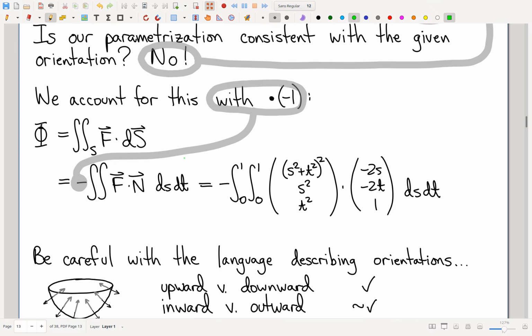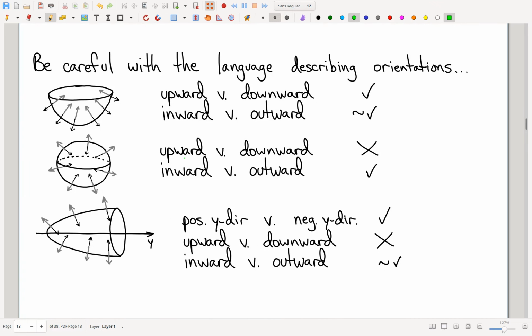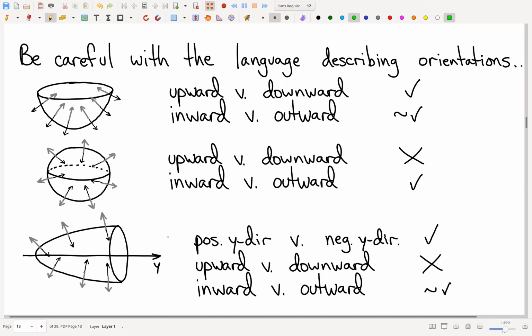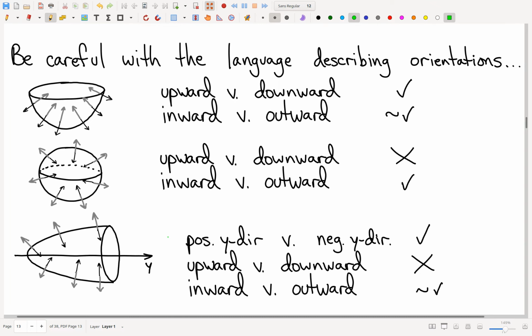Okay, so let's talk about language a little bit. There is something intrinsically awkward about talking about this kind of thing. Let's suppose we're thinking about this surface right here, for example, a paraboloid, kind of like the one we were just talking about, and I described the orientation as being downward. Well, what do I mean by downward?